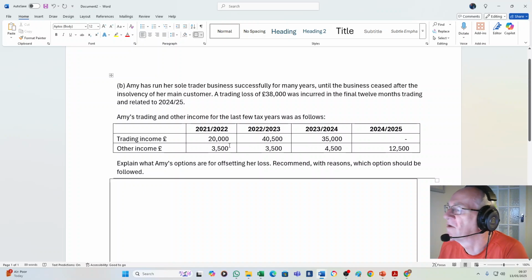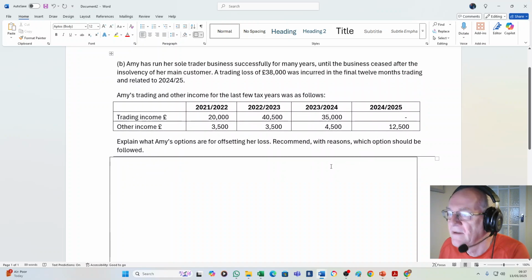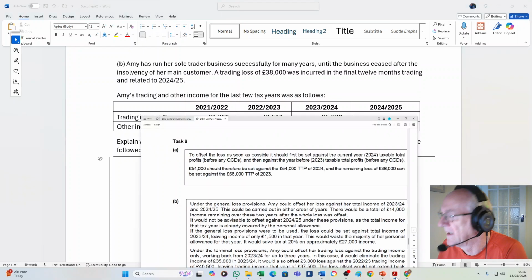She's made healthy trading income, she was doing okay, and she's got some other income as well, which does matter towards her personal allowance. So again, we've got to be distinct here between trading income and other income, particularly on the trading loss. So let's go to the reference material. What can Amy do?